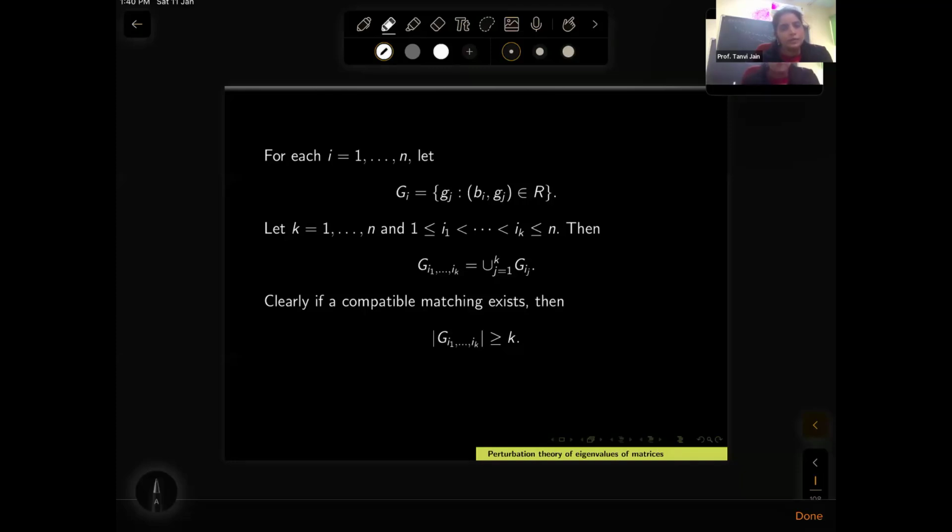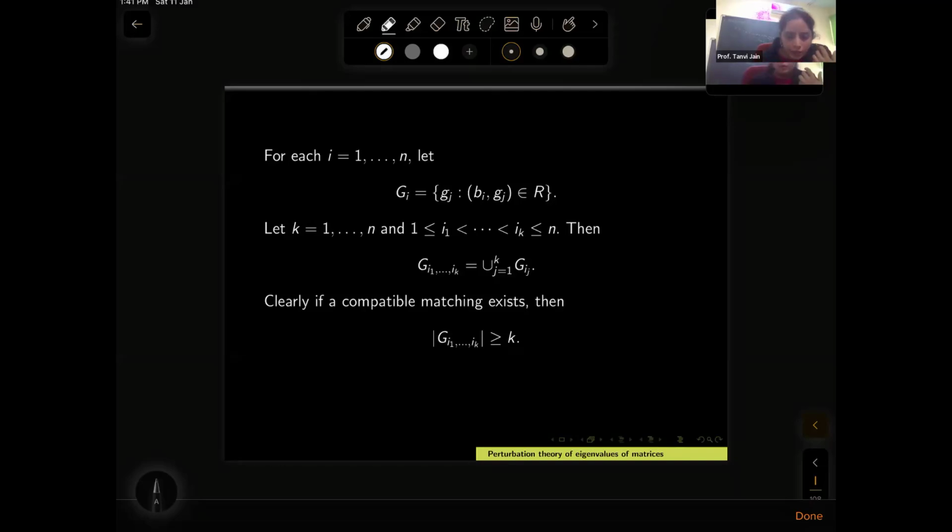One can clearly see that if there is a compatible matching, then obviously for every Bi I have a Gj such that (Bi, Gj) belongs to R. So in that case, the cardinality of Gi1 union till Gik is always greater than or equal to k. That is very simple to see.